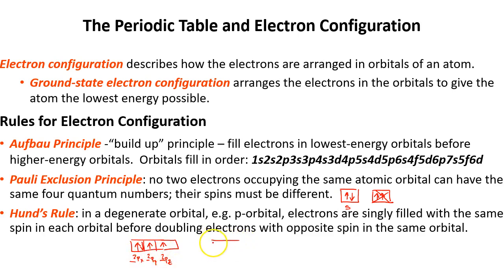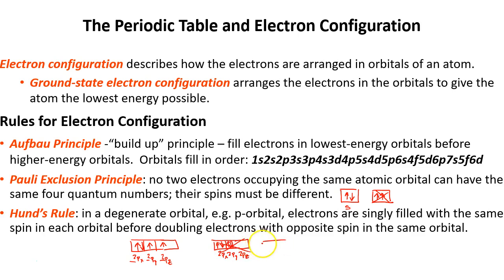I wouldn't want to do this. This would be a violation of Hund's rule. If I took 2 electrons, put them here, and then took 2 electrons and put them in the other orbital, so I've got 2 electrons in p of x, and then I've got 2 electrons in p of y, and then p of z is empty. This would be a violation of Hund's rule.